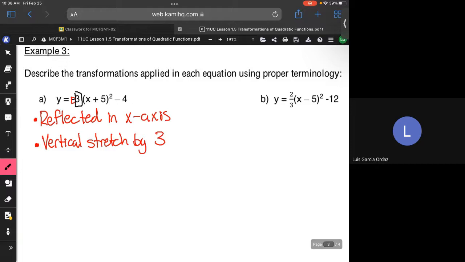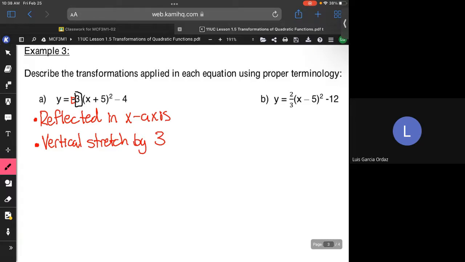Would you always write reflected in the x-axis? Yeah, if the a is negative, you always write reflected in the x-axis. How do you know it's reflected? Because my negative tells me my graph opens which way? Down.